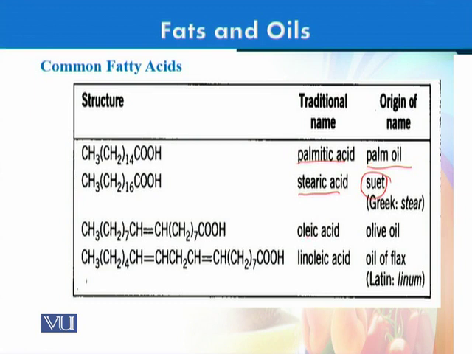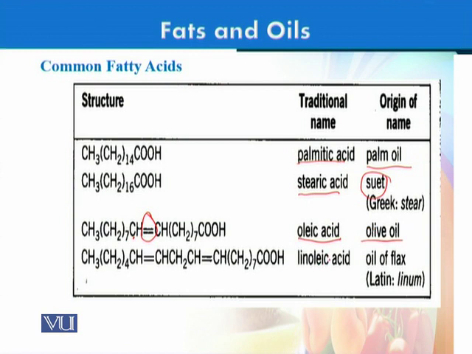Another very important and very commonly found fatty acid is oleic acid. If you talk about this oleic acid, you can see that here at the 8 carbon unit, between 8 and 9, there is a double bond. So this is an unsaturated fatty acid. This oleic acid is predominantly present in olive oils.